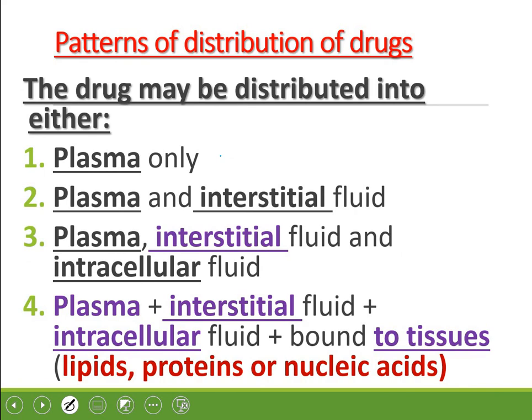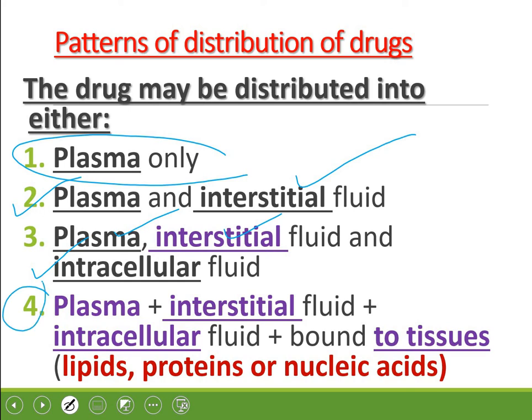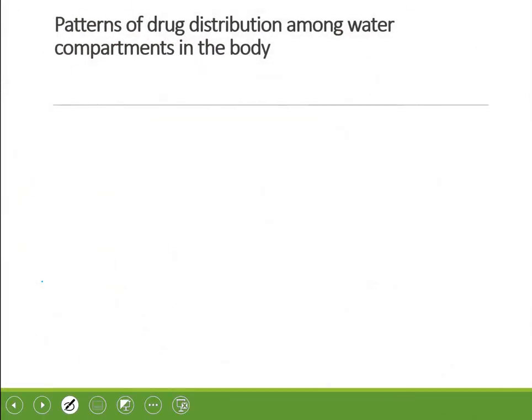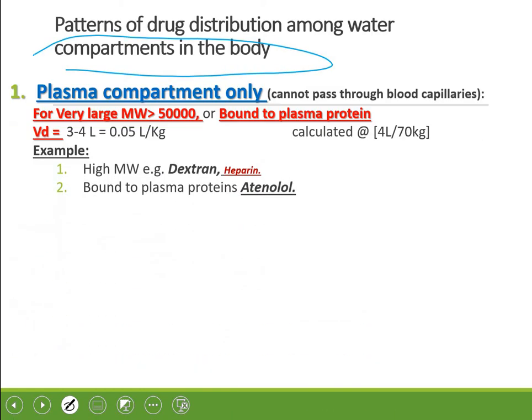Once we study, you may consider simply the plasma plus interstitial fluid, then interstitial fluid plus plasma and intracellular, and above all, in some cases you consider all these compartments. So let me go one by one.